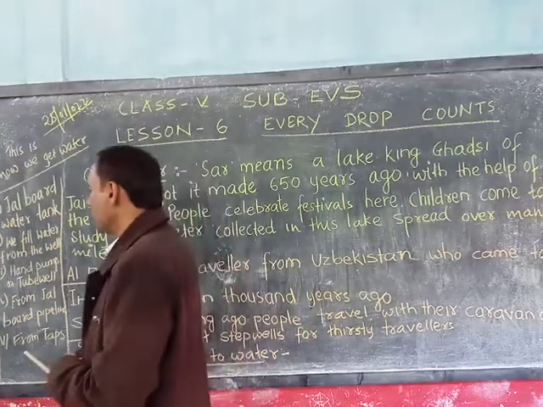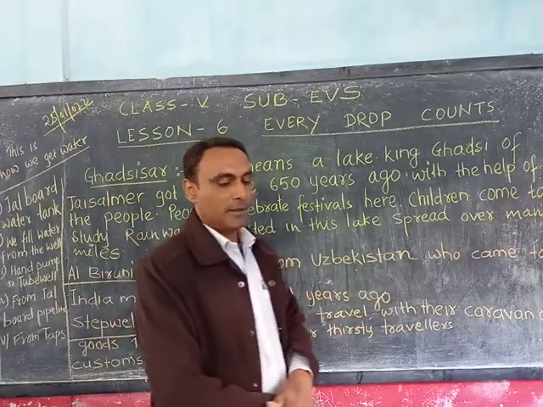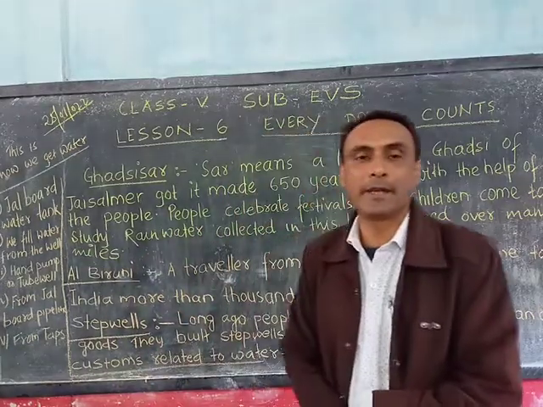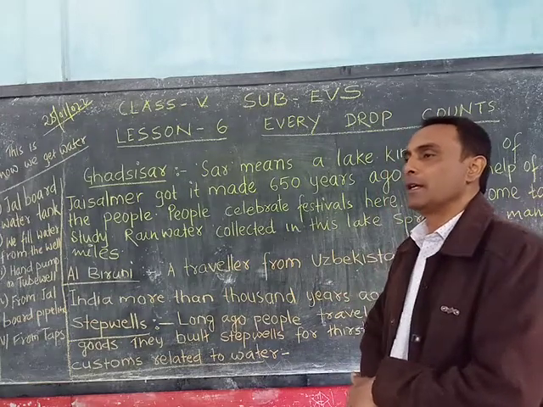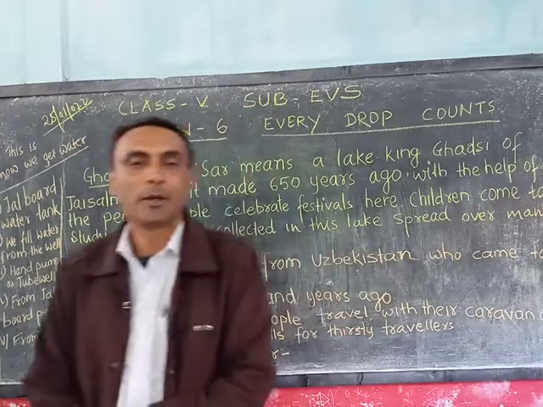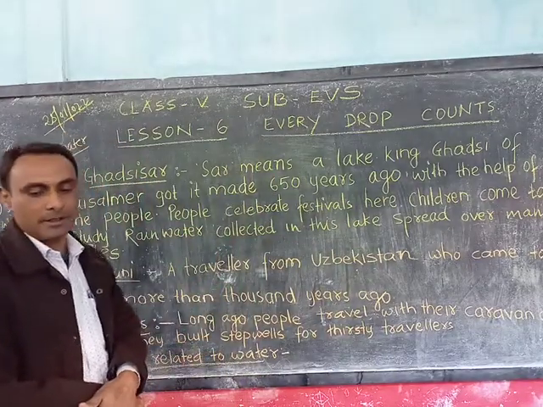Next one is from taps. Nowadays these are the systems from where we get the water. But the system that our parents, grandparents or the elderly people used was totally different from the system of nowadays.